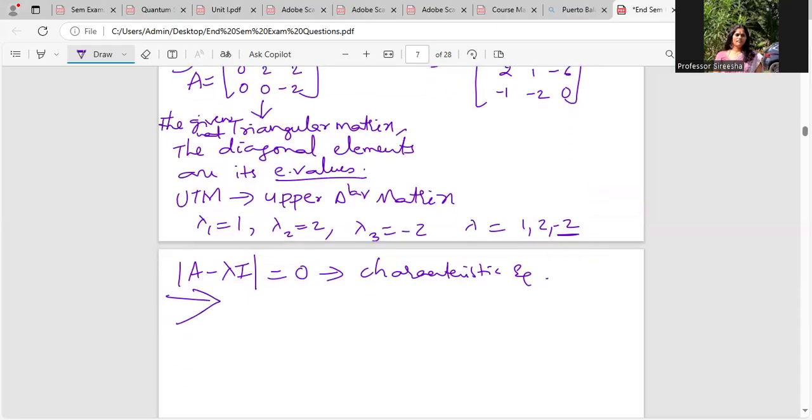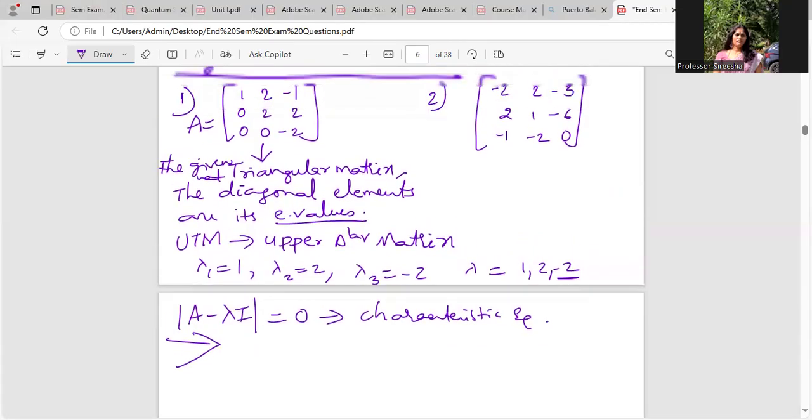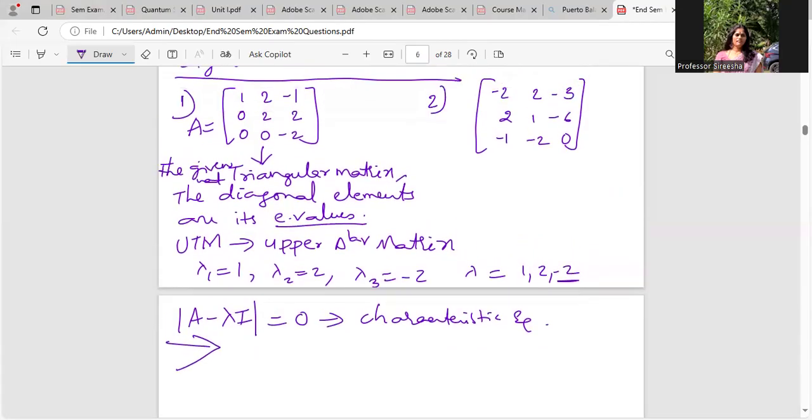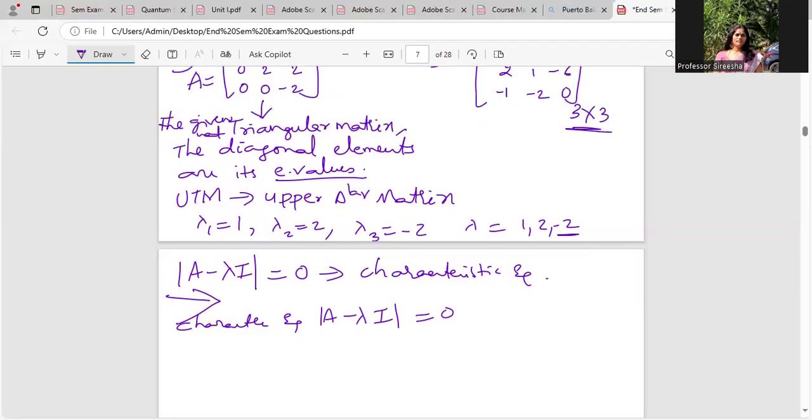Now, this is a 3 by 3 matrix. I am being given a 3 by 3 matrix for which I am asked to find the eigenvalues. How do I do it? When it is a 3 by 3 matrix, my characteristic equation is determinant of A minus lambda I equal to 0. I will start with this, and then insert lambda.